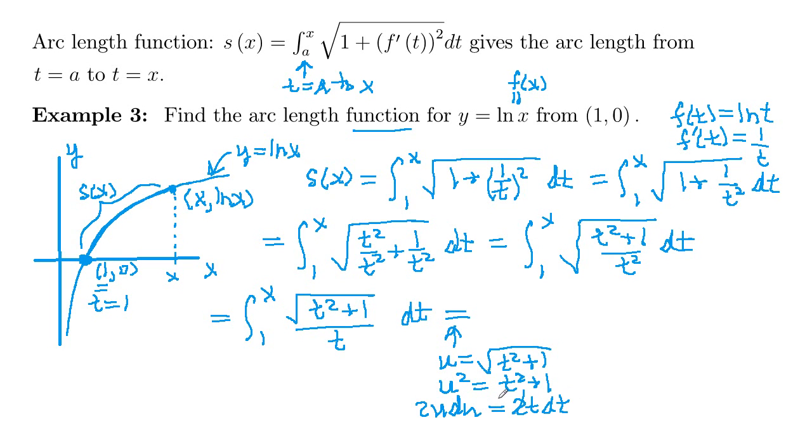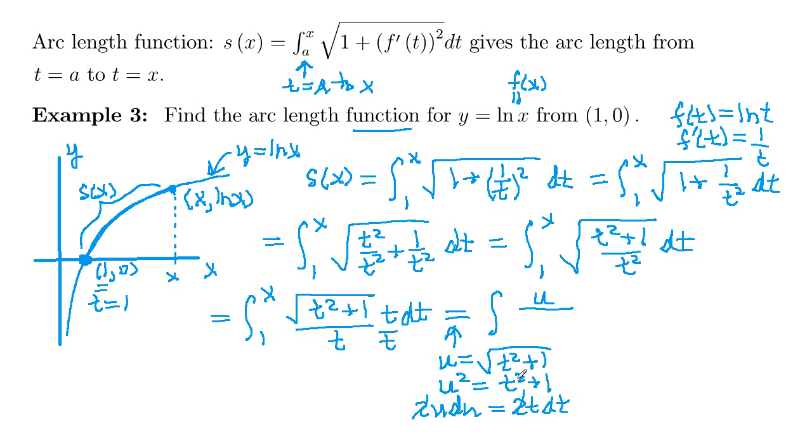Then cancel the 2's, so u du is t dt. We've got the dt here, so how about we multiply by t on the top and on the bottom? Now we can change this integral over. On the top, we've got our u, so this will be the integral of u on the top, and on the bottom we've got t times t squared.